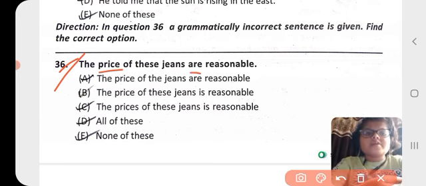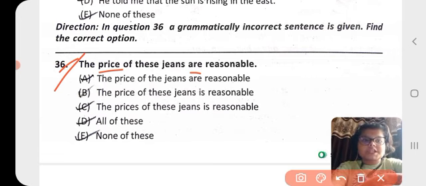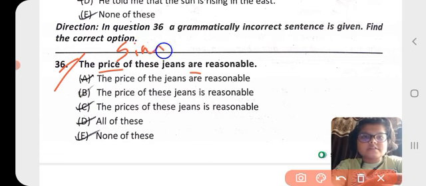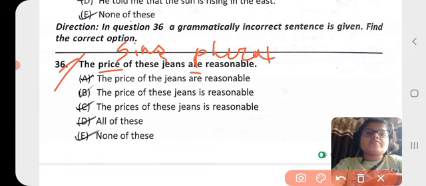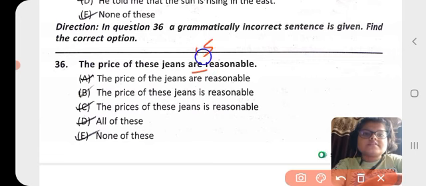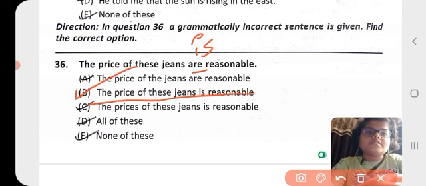The verb does not agree with the subject because price is singular. We are using plural here, so it won't work. So we have to use is here. So the answer is option B. The price of the jeans is reasonable. This is an error detection question.